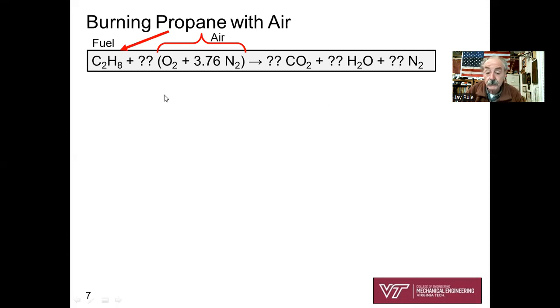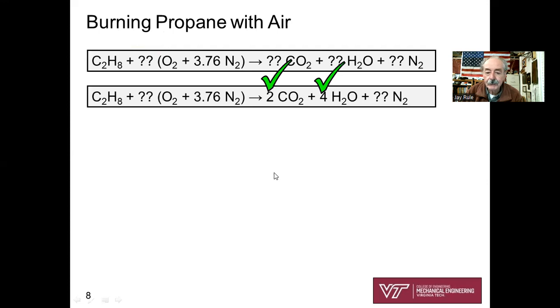It's not too difficult. You can either commit that to memory, or that might be something that you would put on your formula sheet. If you can't remember 3.76 in your head, you'd want to note that somewhere, because we use that model in so many parts of modeling atmospheric air. Okay, so we've got to figure out this reaction equation.